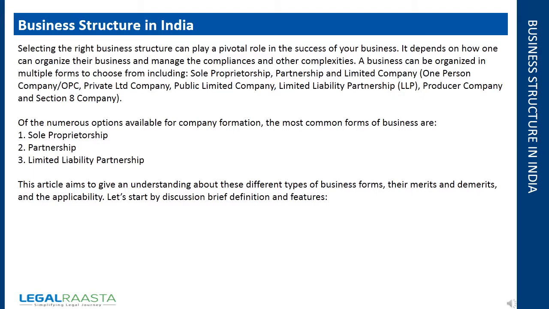Business structure in India. Selecting the right business structure can play a pivotal role in the success of your business. It depends on how one can organize their business and manage the compliances and other complexities.